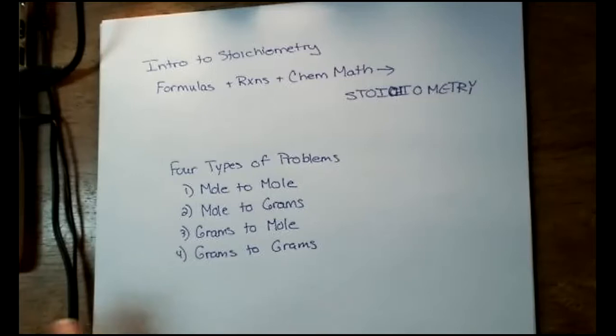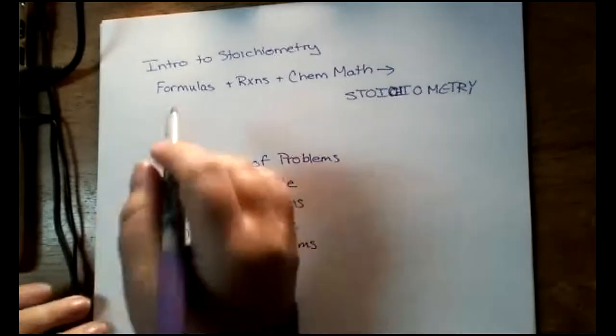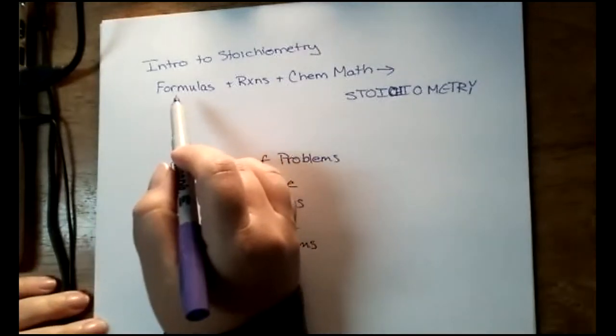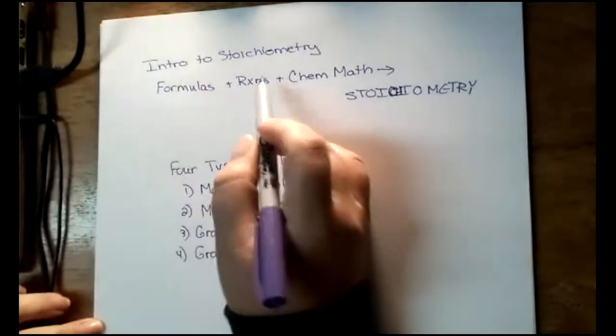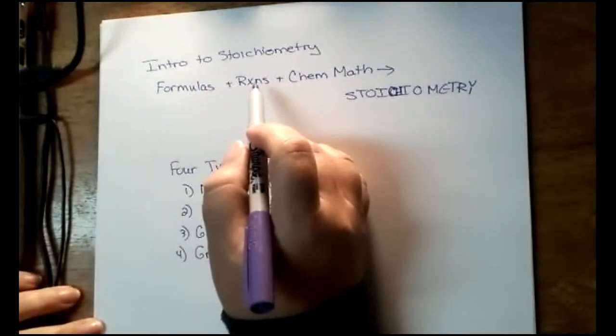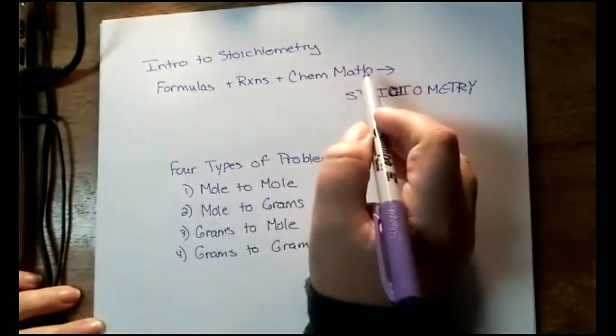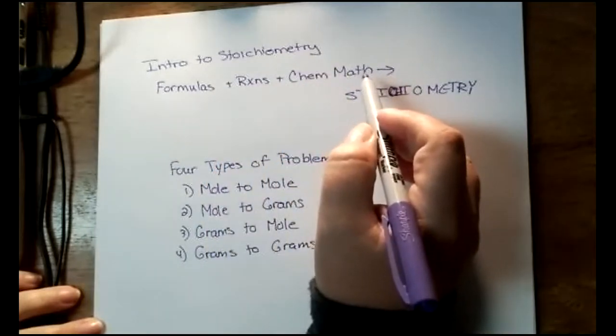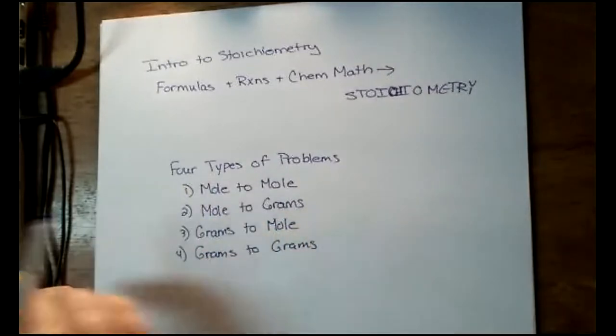Well, we're here now. We are at the top of the staircase, and we're putting everything together that we've used so far. We've learned how to write formulas using ions and prefixes. We've learned how to put those formulas into reactions and balance them. And we've learned how to do some chemistry math. We've learned how to find formula mass, molar mass.